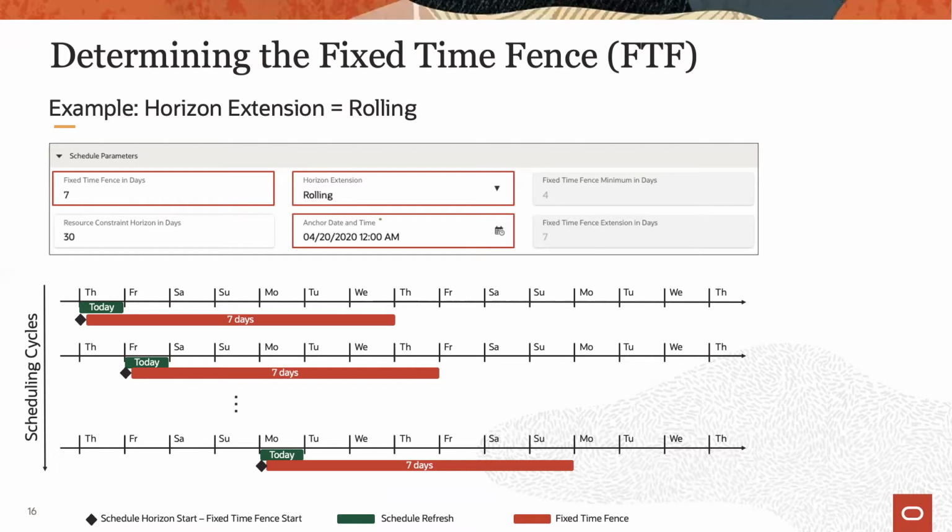And the current day is indicated by the green bar, and the start time is indicated by the black diamond. The fixed time fence then always spans 7 days from that start time and is independent of the day of the week. And here is indicated with the red bar.